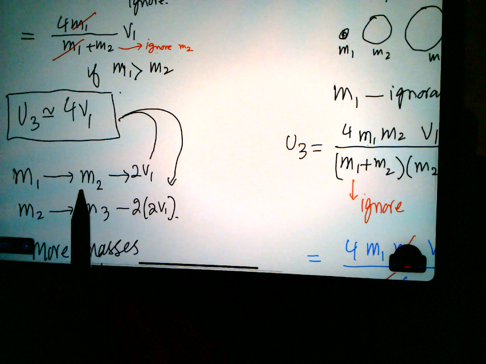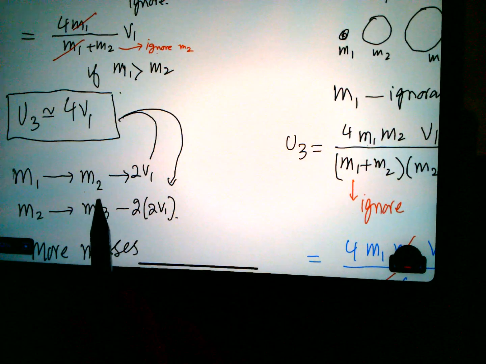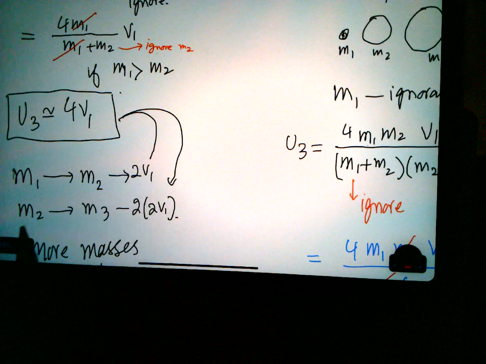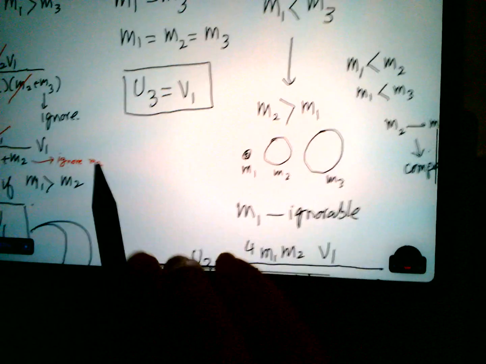So m1 to m2 gives 2v, and m2 to m3 gives 2 times 2, which is 4v. For more mass, more speed.